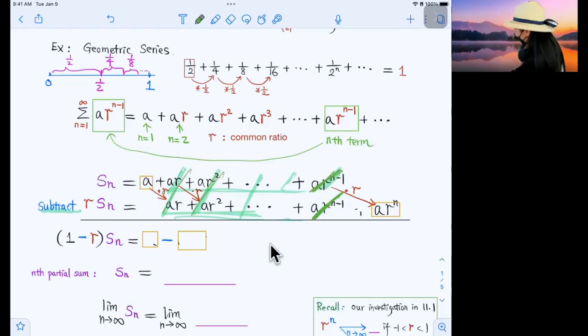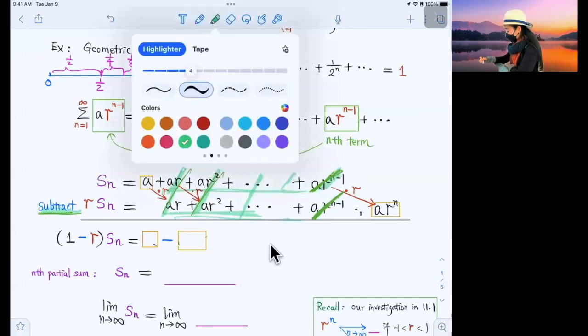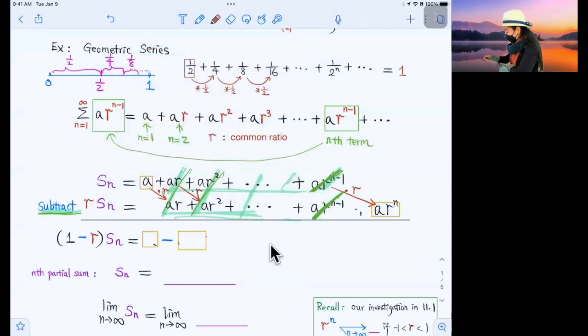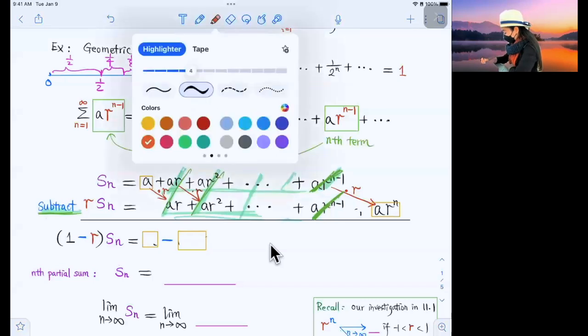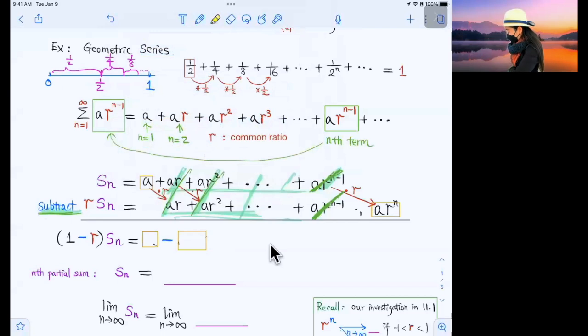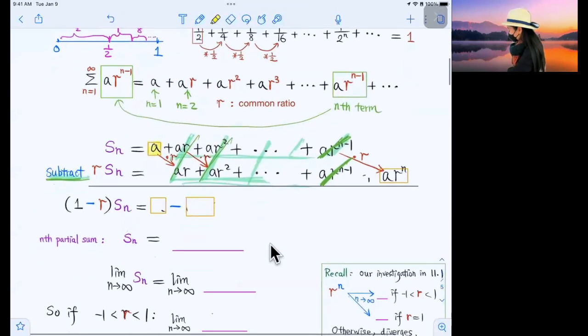Okay, so when we subtract them, which two terms here survive? The first? Yes, you got it. The first one over here is this one right here, A, and also what else? Would this one here survive also?